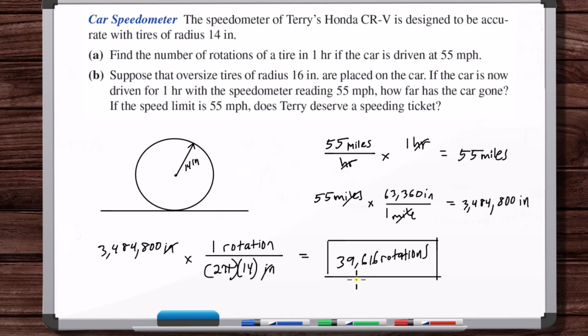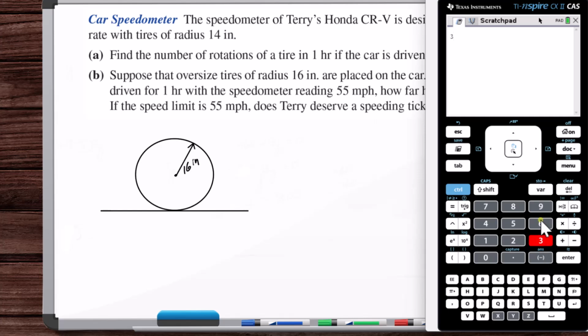And let's use radians because radians result in simpler calculations. So 39,616 rotations. And that was in 1 hour. 39,616 rotations. And then for every rotation, that's 2 pi radians.